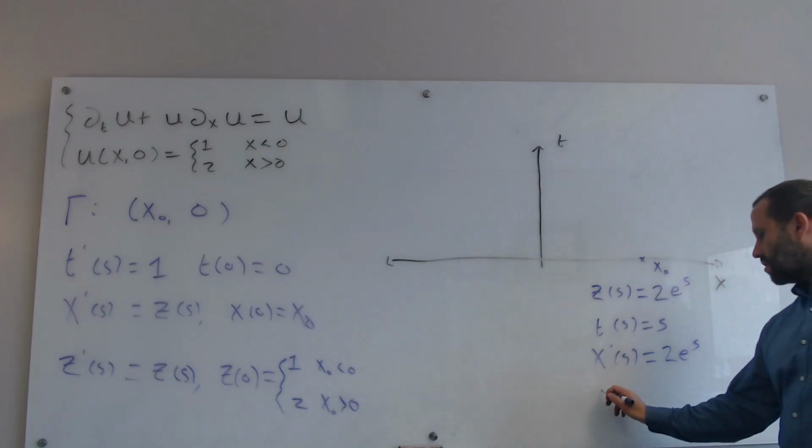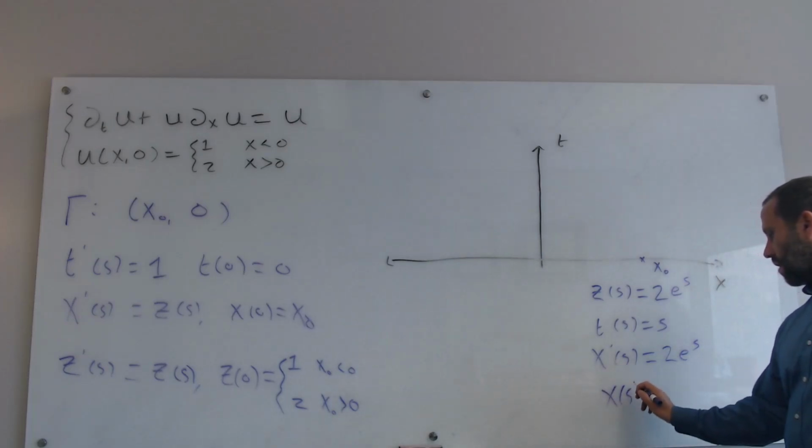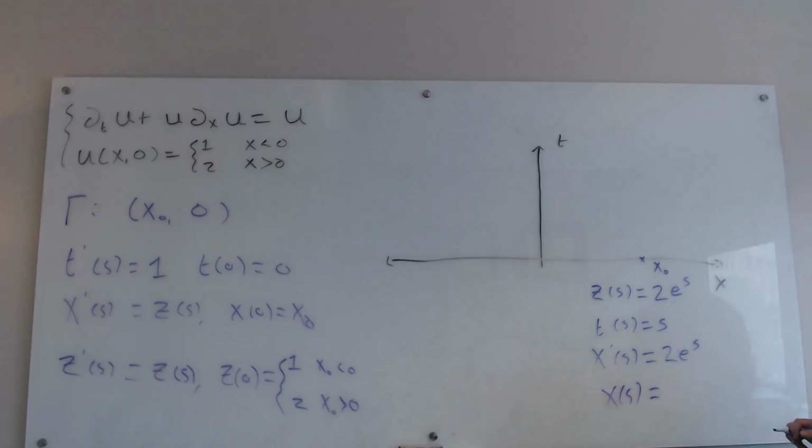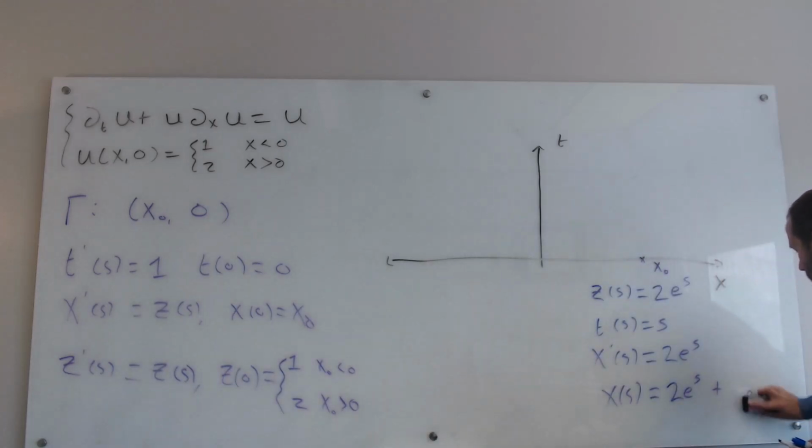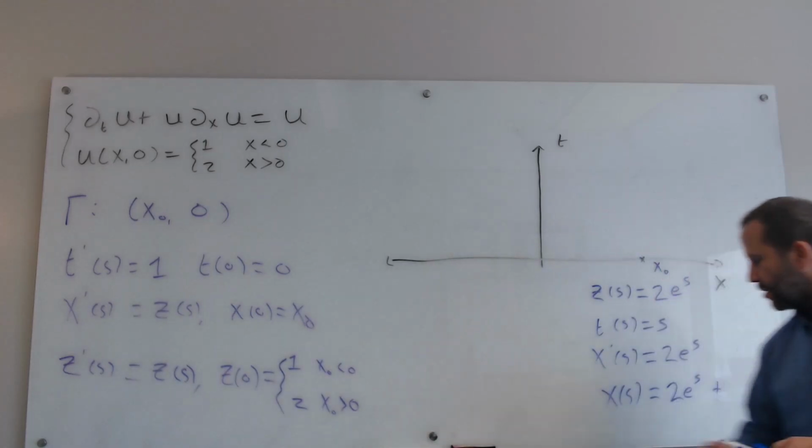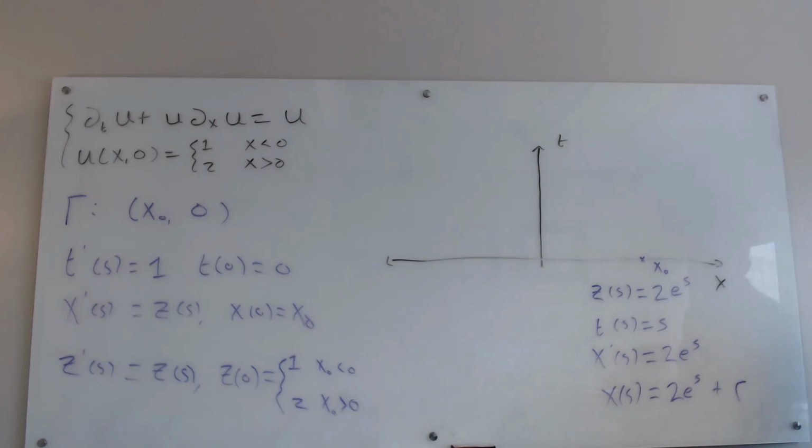So now this tells us that x of s is going to be equal to 2e to the s plus some constant. Sorry, I said plus some constant, but I wrote x naught. So plus some constant. Okay, so let's figure out what that constant is. It's a characteristic that starts at this point right here.